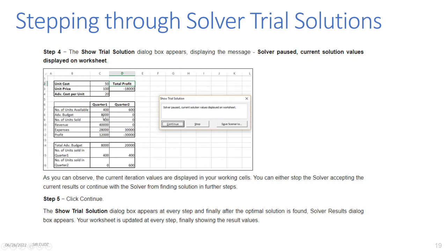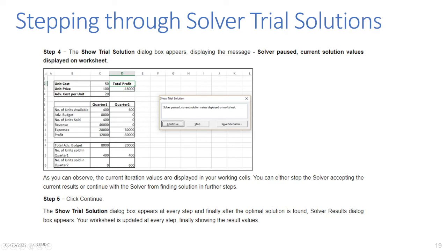If we have 8,000 for quarter 1 and no budget for quarter 2, the profit is negative 18,000. As you can observe, the iteration values are displayed in your working cells. You can either stop the solver, accepting the current result. If you want this result, you can accept that by clicking Stop, or continue with the solver to find solutions in further steps.